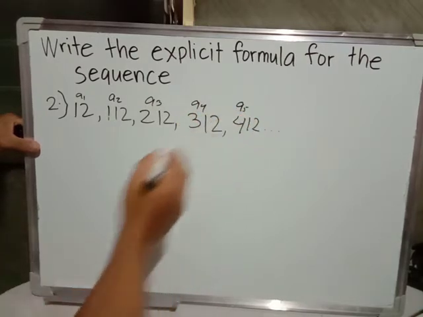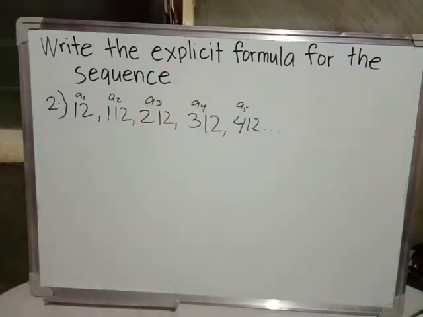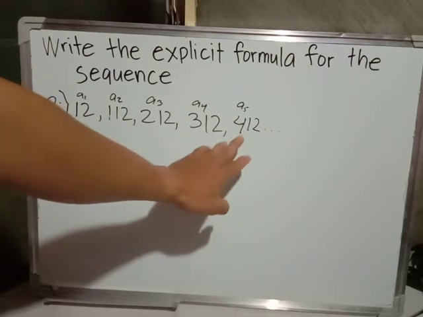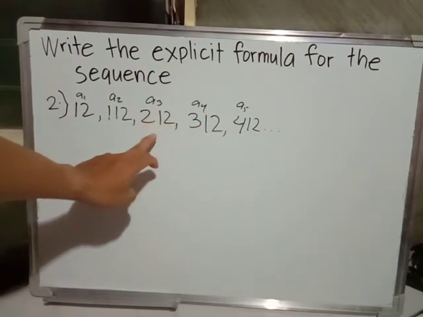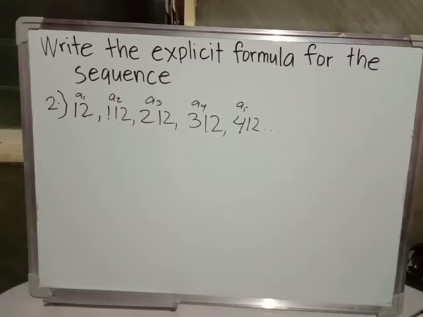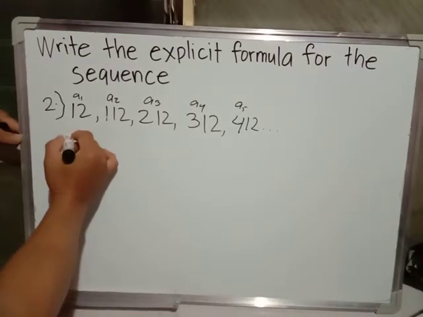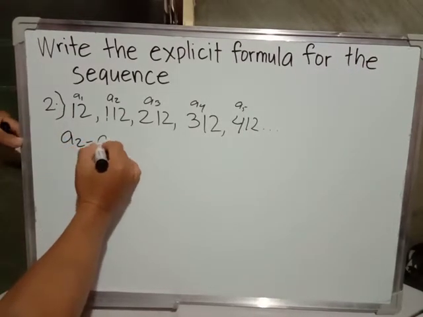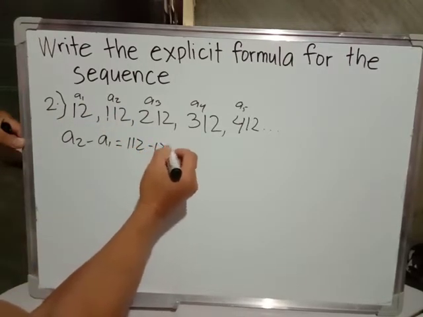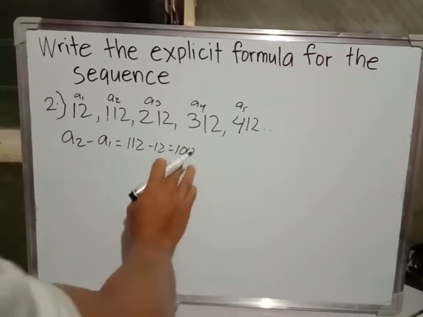Even without calculating, it's noticeable that 412 minus 312 is 100, 312 minus 212 is 100, and 212 minus 112 is also 100. Let's write E2 minus E1 is equal to 112 minus 12 is equal to 100. So, this is our common difference.